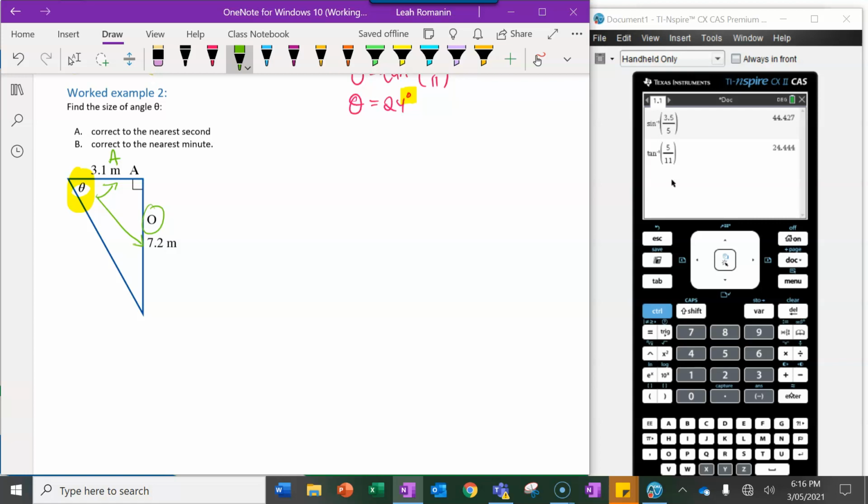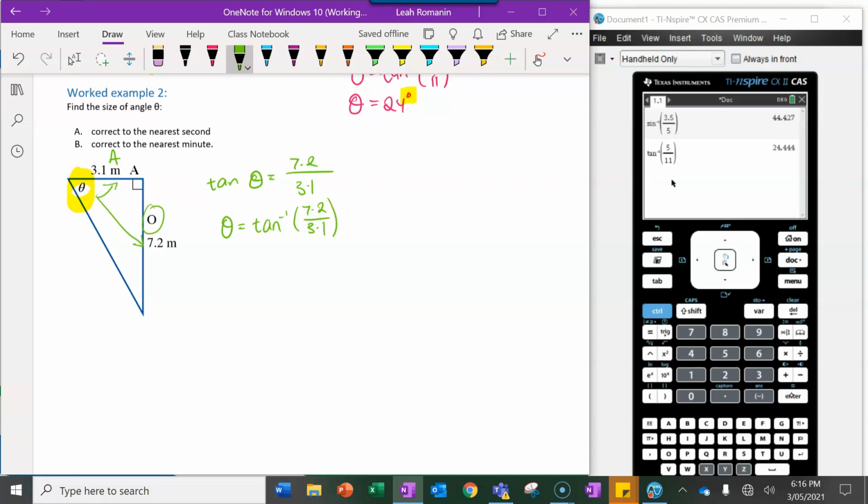So I've got my tan angle here. So tan of theta is equal to opposite over adjacent. So 7.2 over 3.1. So theta is going to be equal to tan -1 of 7.2 over 3.1.